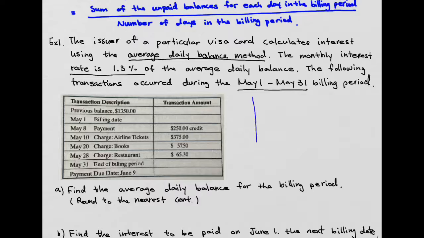We will have one for date and balance, and the other one for the number of days, and we also need to find the sum of that, right? So this is going to be dates and balance, this is going to be number of days, and this is going to be sum.